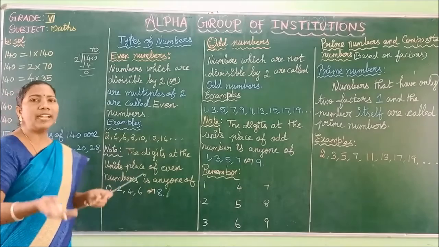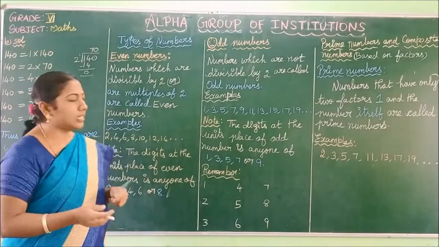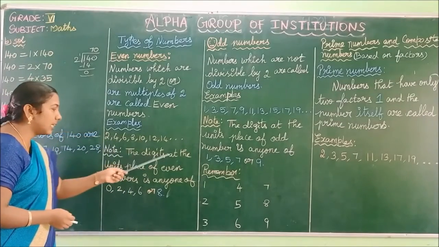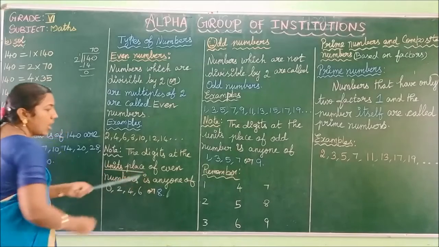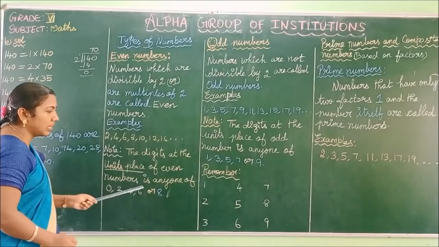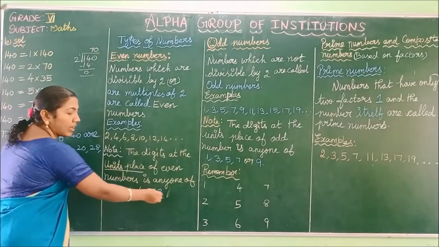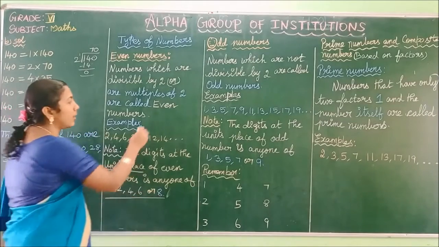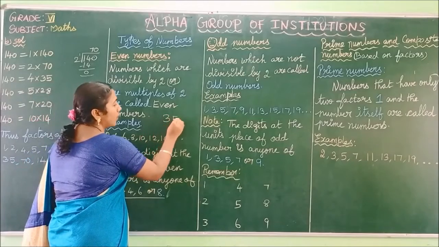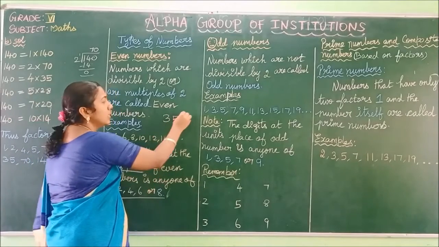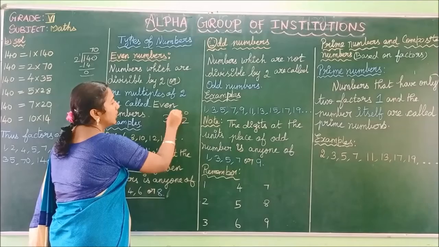How can you identify the even numbers? See here. The digit at the units place of even numbers is any one of 0, 2, 4, 6 or 8. Do you understand? See here. Suppose I am writing 3, 5, 2. This is the place value of ones, tens, hundreds.